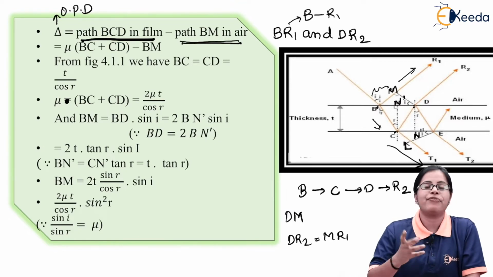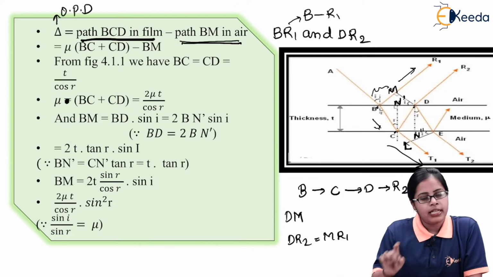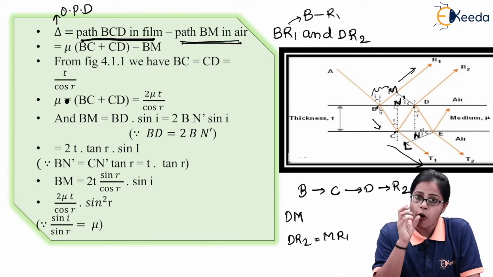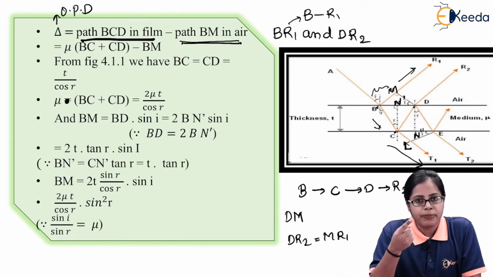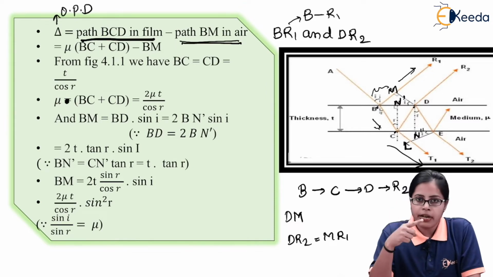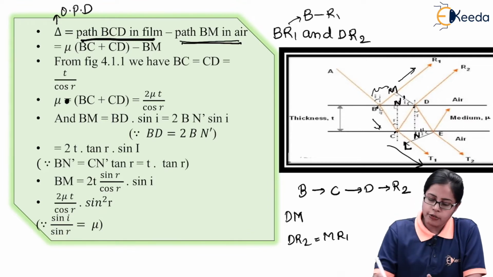Now, why have I specified film and air? Because when I talk about film, that path BCD lies in the medium, so I need to consider the optical path. And when I talk about the path BM in air, we have to consider the geometrical path. So BM is the shortest path, so it is considered to be the geometrical path.